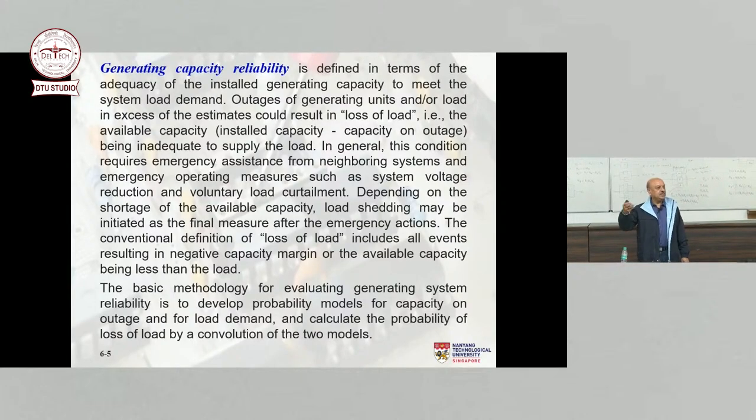So what happens in some countries, and I'm not quite sure if it happens here, I'm sure it possibly does, the utility will go to the customer, usually big customers, and say, hey, I'm going to cut off your supply for this long on this day. Are you willing to accept that outage? For that, of course, the company will pay him. So that is called willingness to accept.